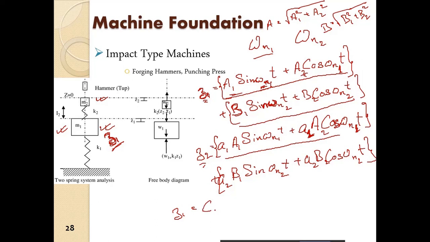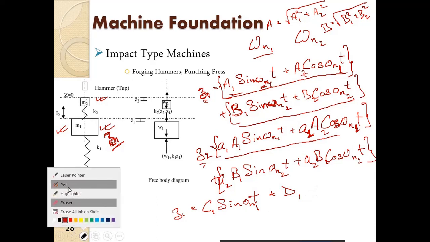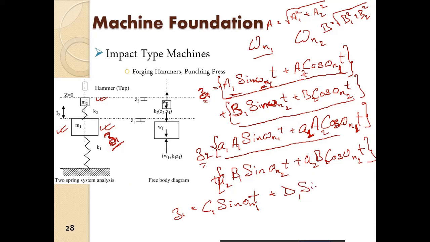Suppose C1 sine of omega n1 t, and the rest, D1 sine of omega n2 t.